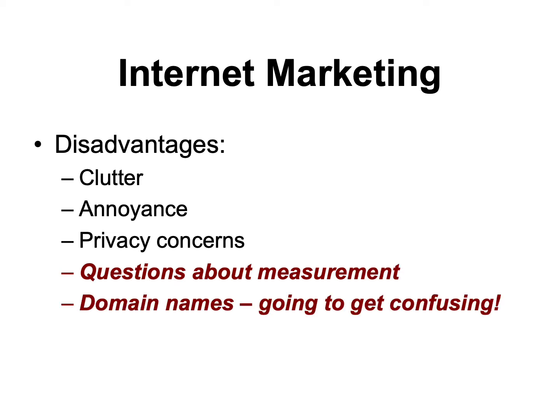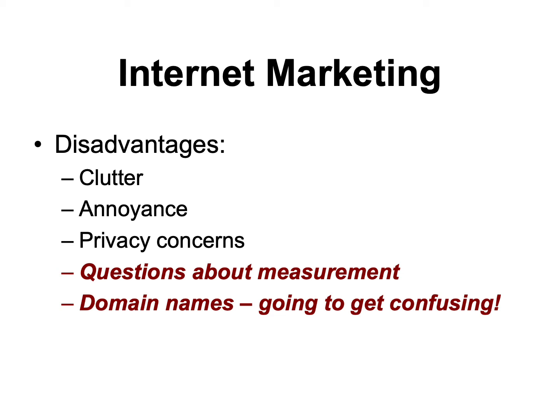And something else that's going to get more confusing over time is the way that domain names work, your company name .com. There are some changes in the works with this. The .com is the gold standard as far as businesses are concerned. You want to have your company name at .com.